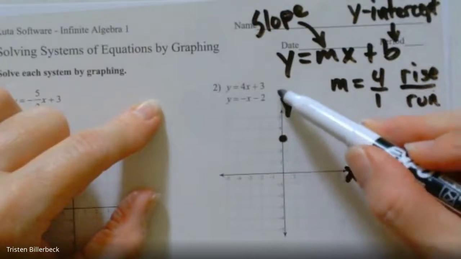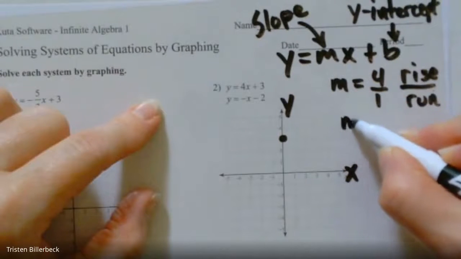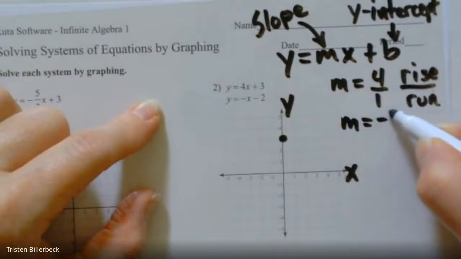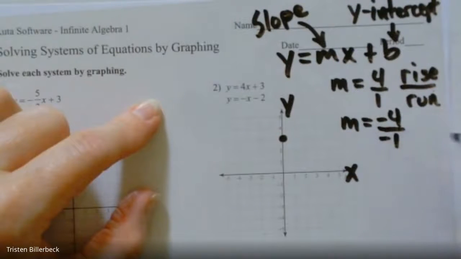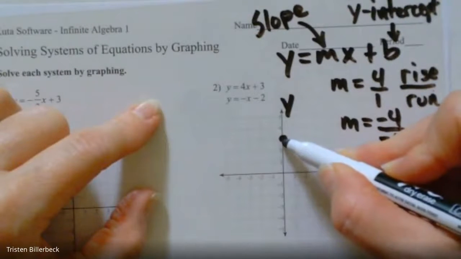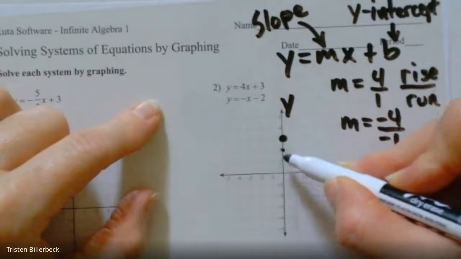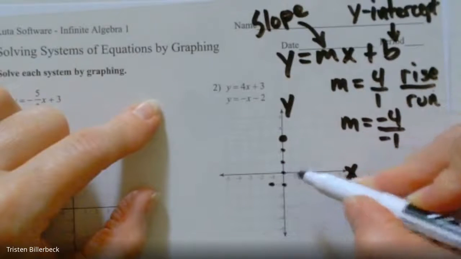But wait a second, when we rise 4, it's off the grid. So we can also write this slope as -4 over -1, because 2 negatives still make a positive. So now I can drop down and do a slope triangle of 1, 2, 3, 4, and a -1.